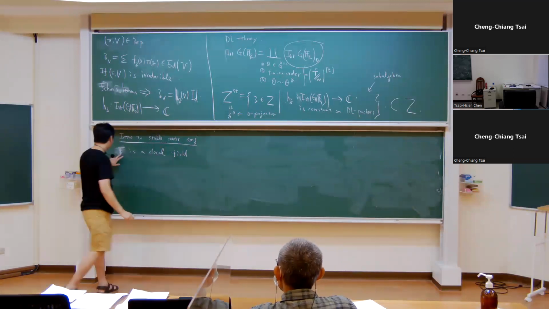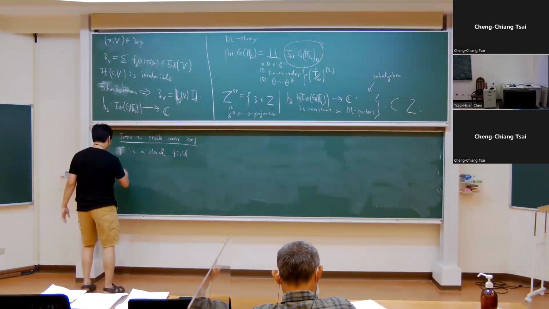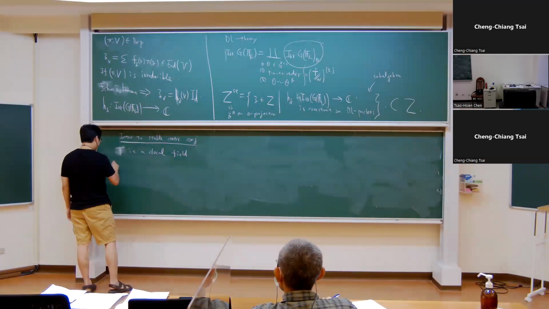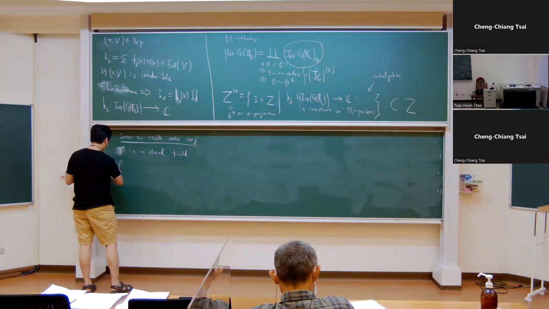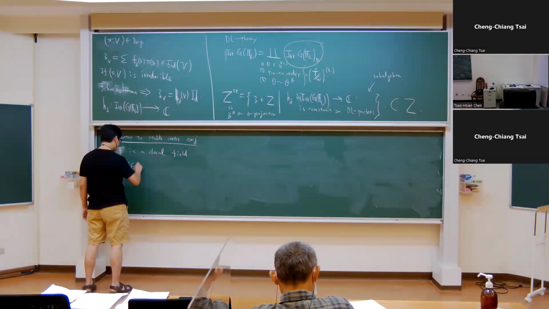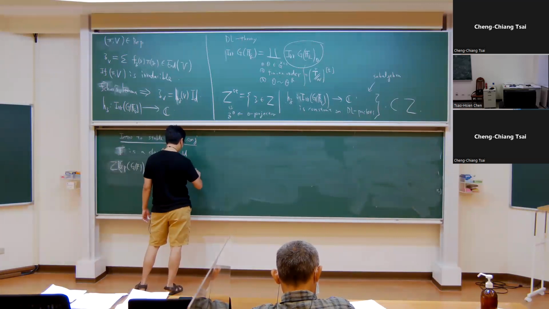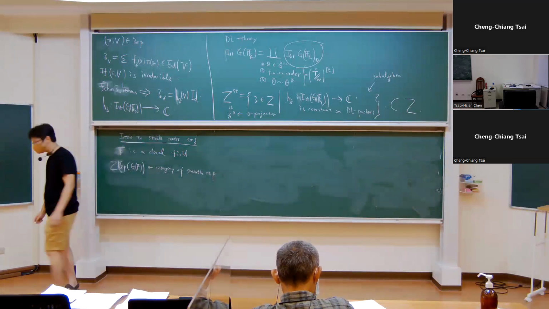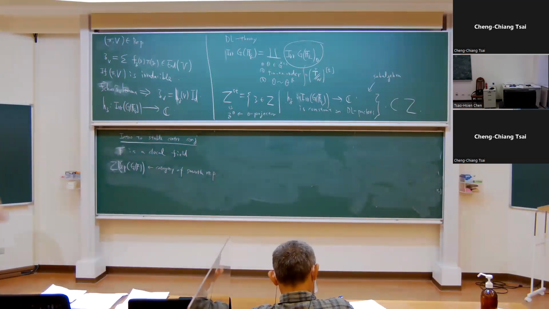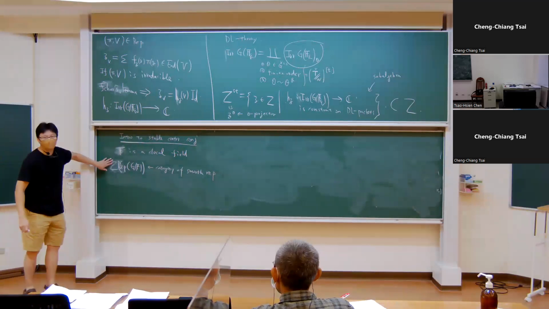Okay. And now we are interested in the center of Rep G(F). So this is the category of smooth representations. Because we have a topology here, smooth means that each vector is fixed by some open compact subgroup.